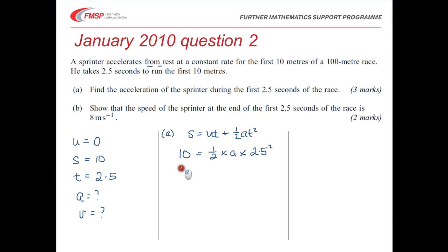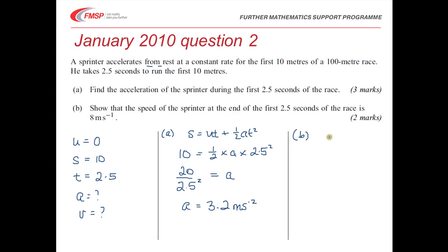So if we multiply by 2 and divide by 2.5 squared, we have a value for a. 2.5 squared is 6.25. If you divide that into 20, you get 3.2. So 3.2 metres per second squared. So that's part A, we found the acceleration.